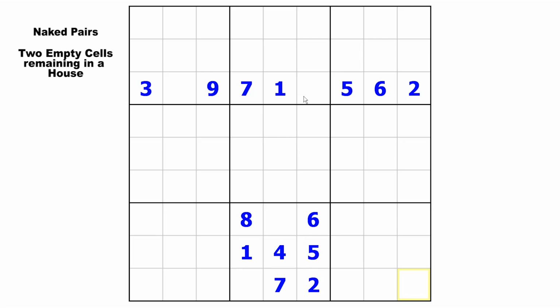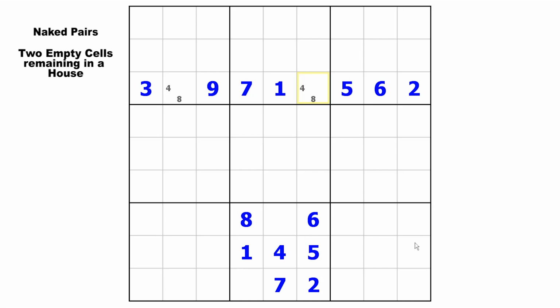So because we already have 1, 2, 3, 5, 6, 7, and 9, we know with absolute certainty that these 2 empty cells must contain 4 and 8, because they are the only 2 digits left to complete that row. One of those cells must be a 4 and the other must be an 8, even though we don't yet know which is which. So we fill them in just like that.